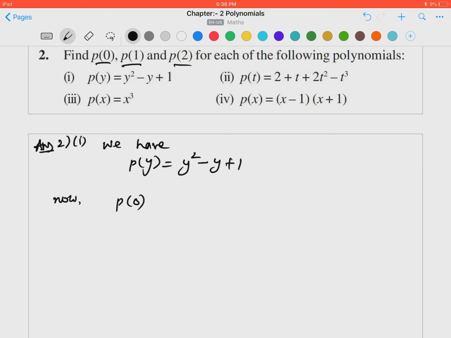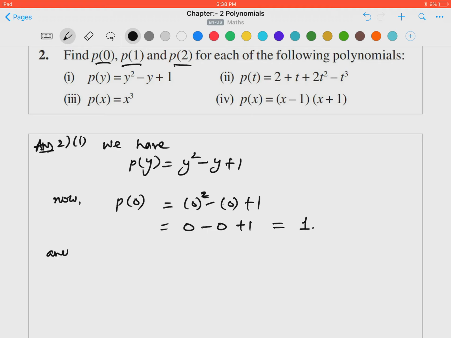First we have to find p(0). That means we'll replace the variable by 0, so in the place of y we'll write 0. 0 square minus 0 plus 1. 0 square is 0, then minus 0, plus 1 is equal to 1. So the value of this polynomial at y equal to 0 is 1.